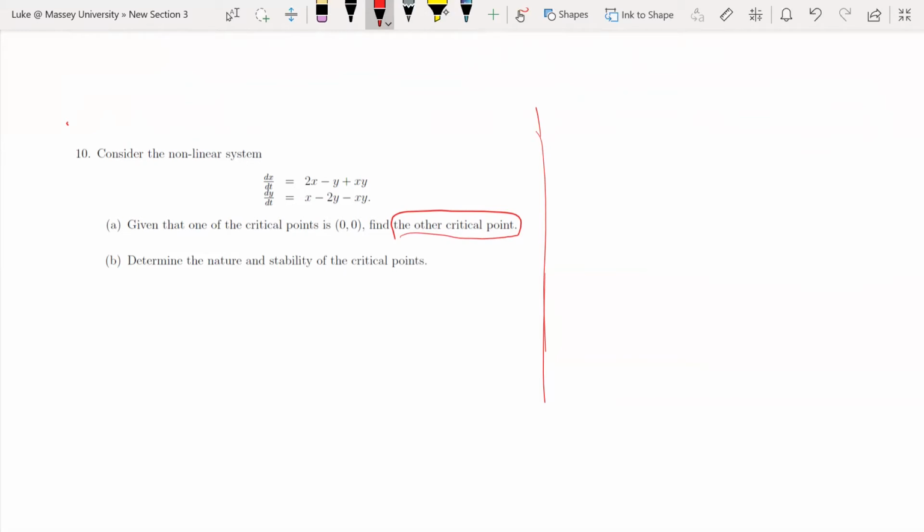critical point. Okay, so we know if we write down two equations here, 2x minus y plus xy equals 0, and x minus 2y minus xy equals 0. These have got to be true simultaneously for a point to be a critical point. So what I'm going to do is add these together, because I can see these two terms are going to cancel.